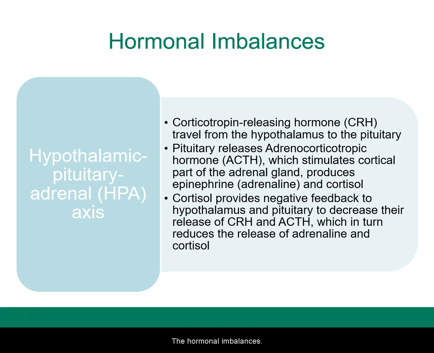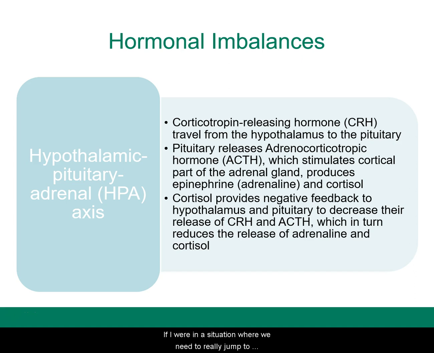The hormonal imbalances. Okay. So you have the corticotropin releasing hormone travels from the hypothalamus, which is in the midbrain, okay, to the pituitary gland. Then the pituitary releases the adrenocorticotropic hormone, which stimulates the adrenal gland to produce epinephrine and cortisol. And then cortisol provides the negative feedback to the hypothalamus and pituitary gland. Cortisol, just to put this all into perspective here, is the bad one.